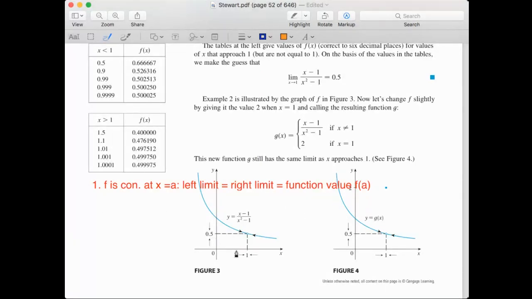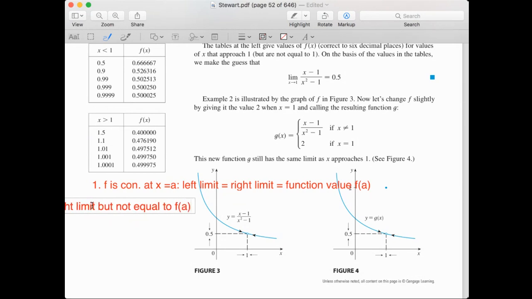All right, so this is the second situation. The second situation is saying the left limit equals the right limit, but not equal to f of a.